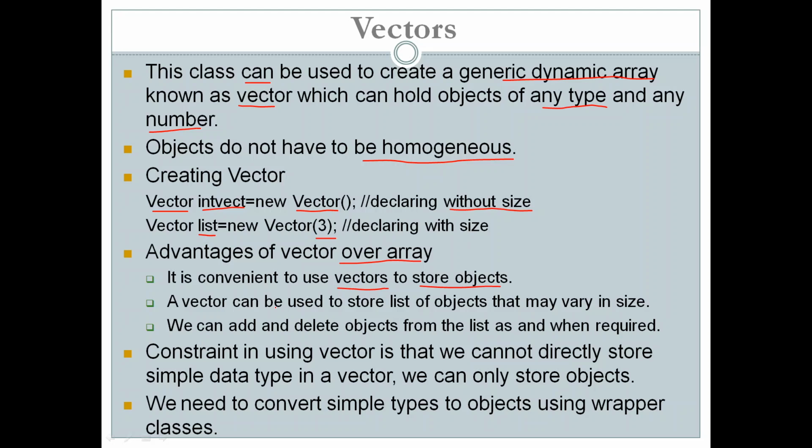A vector can be used to store a list of objects that may vary in size. So whenever you want to store a list of objects whose size may change, it is better to use a vector than arrays.